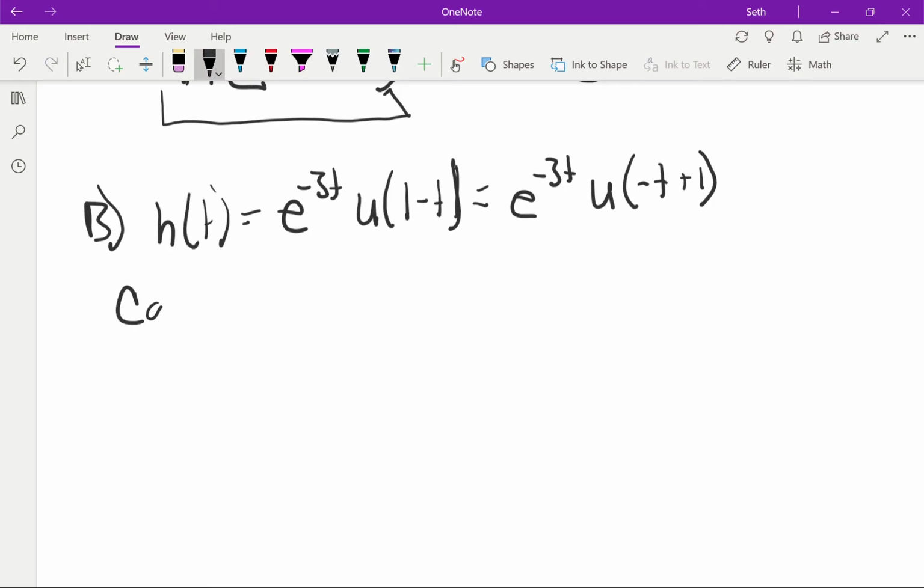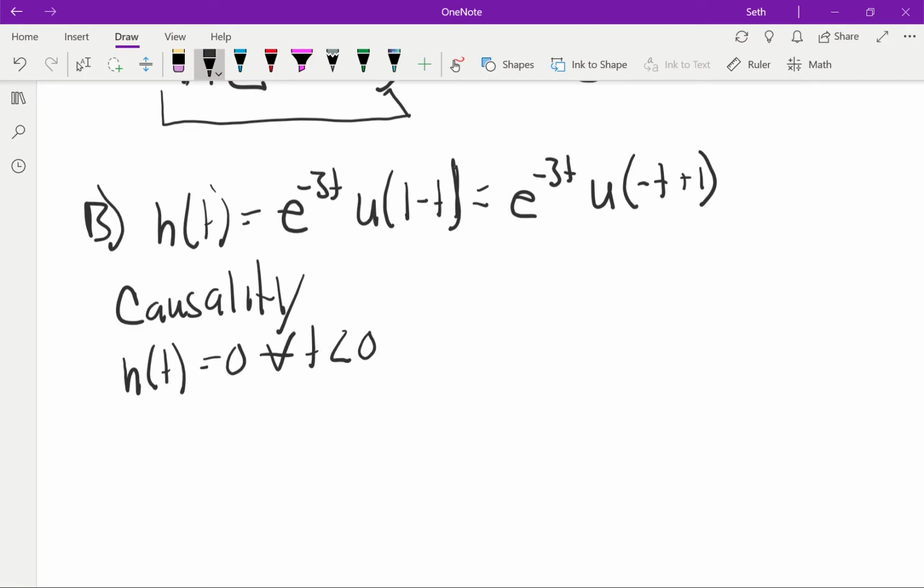So for causality, h of t must be equal to 0 for all t less than 0. So we can just put in, say, h of minus 1. That gets us e to the minus 1 times minus 3, which is 3, times u of 1 plus 1.